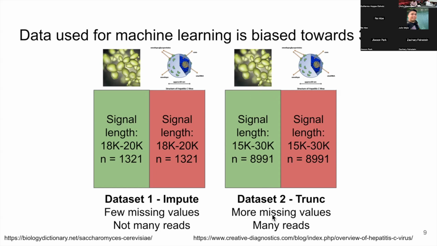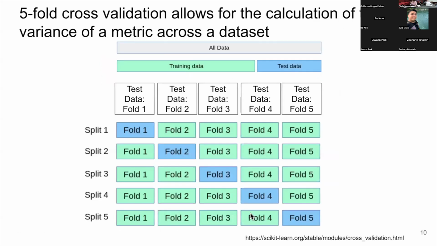But there's a lot of reads, and so this might be just better in general for deep learning. So how we assess the model is through a process called five-fold cross-validation, which I'll touch on really briefly.